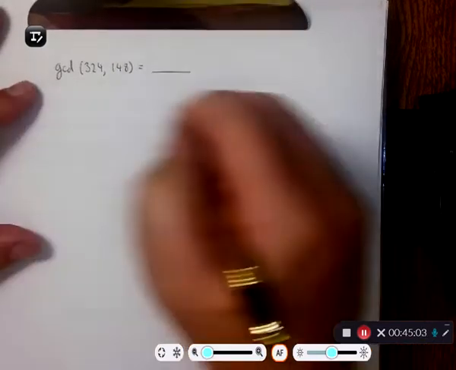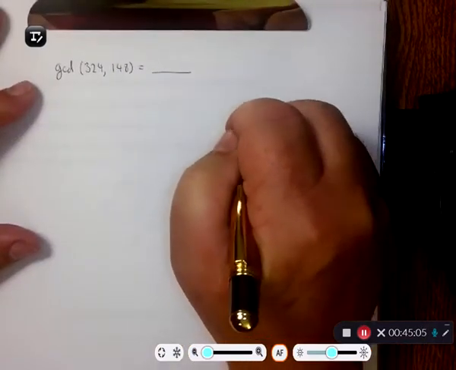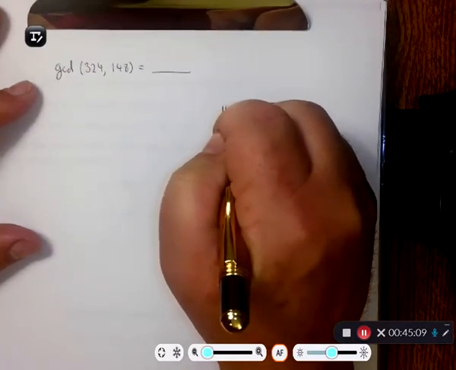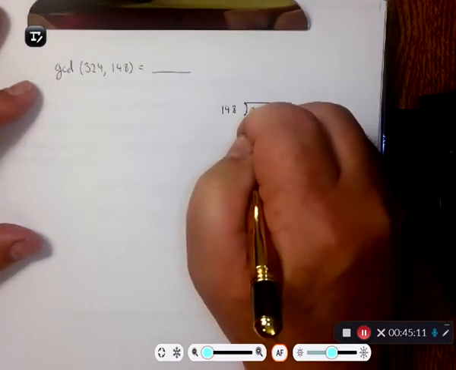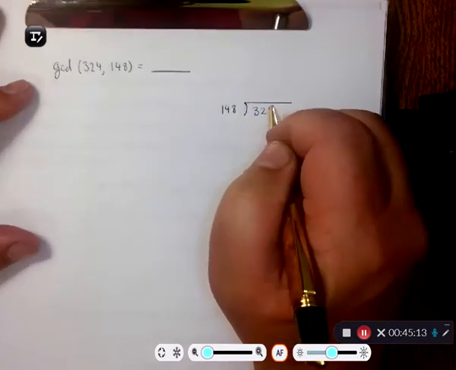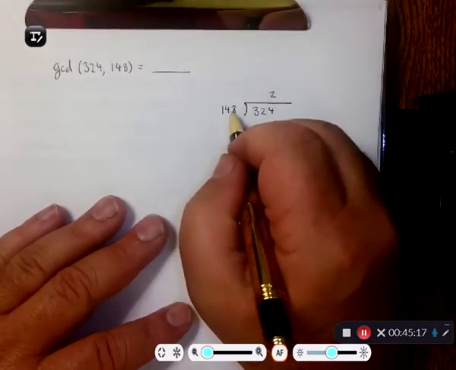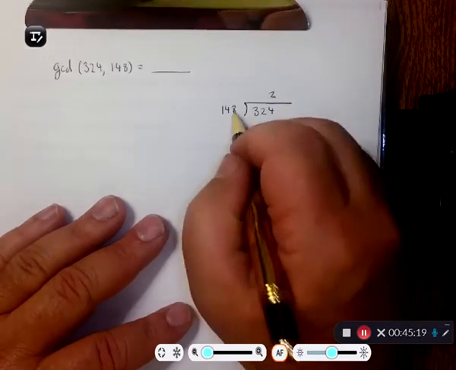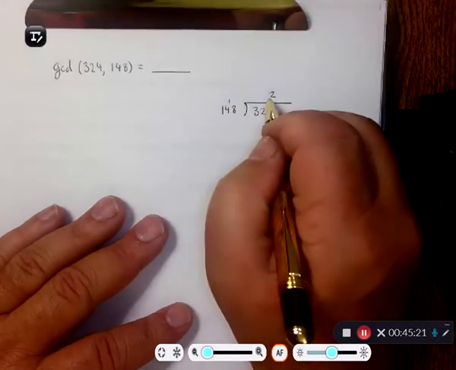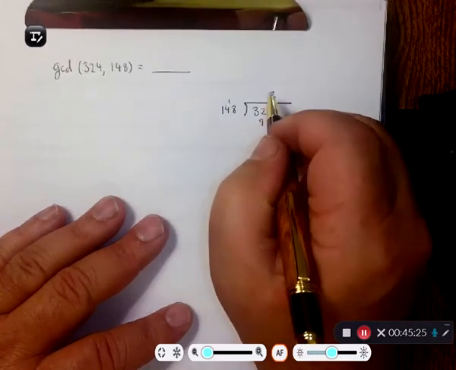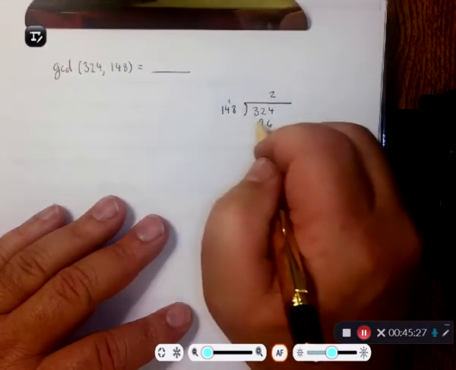So here we go. I'm going to come over here and take my smaller number, which is 148, and divide it into 324. And it happens to go in there 2 times. 2 times 148, well, let's see here. 2 times 8 is 16, carry 1. 2 times 4 is 8, plus 1 is 9. 2 times 1 is 2.